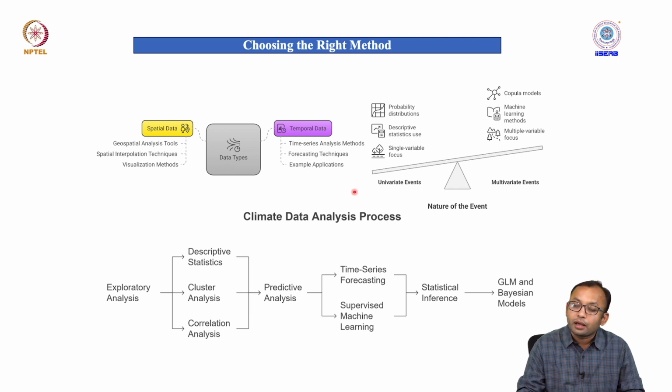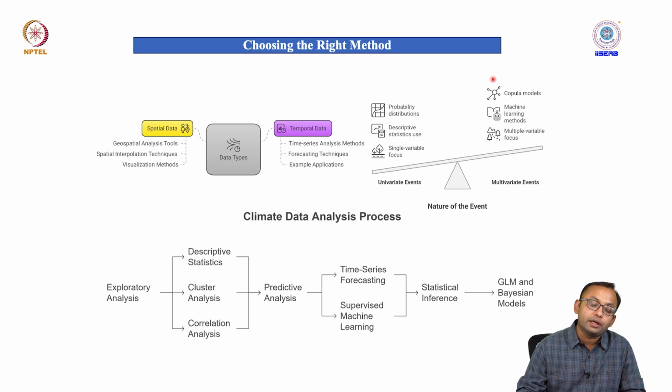We also have to think about univariate and multivariate. Let us say you have multiple variables interacting with your extreme events, then it is better to go with multivariate, but we can start with the univariate technique so that we can understand how our data is behaving.